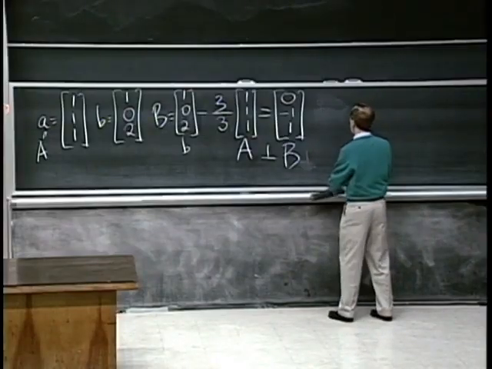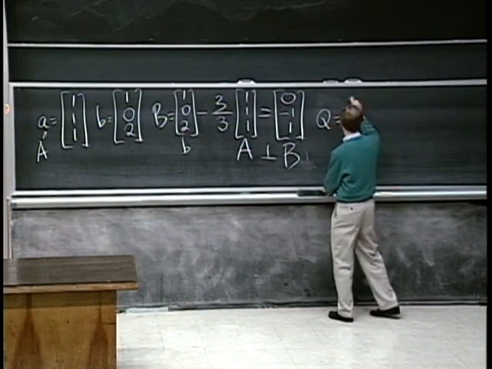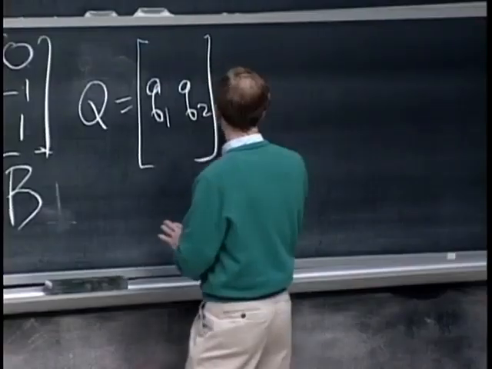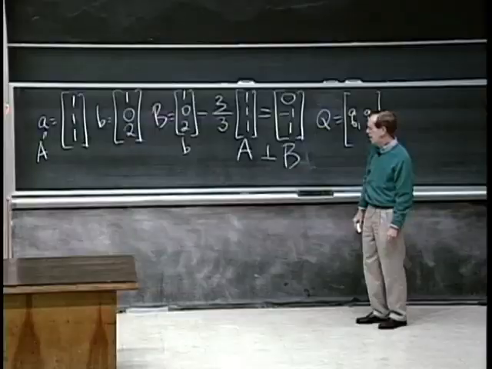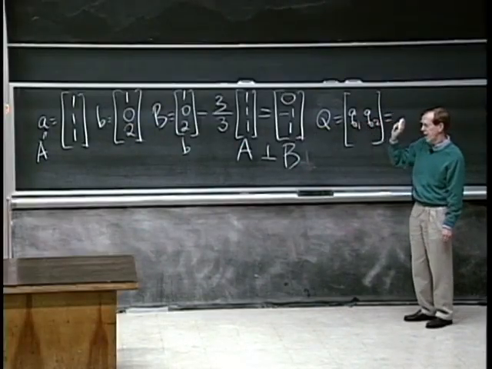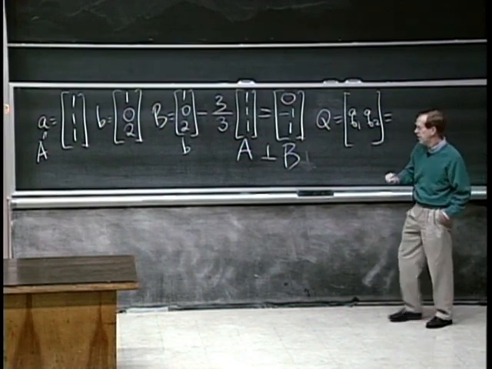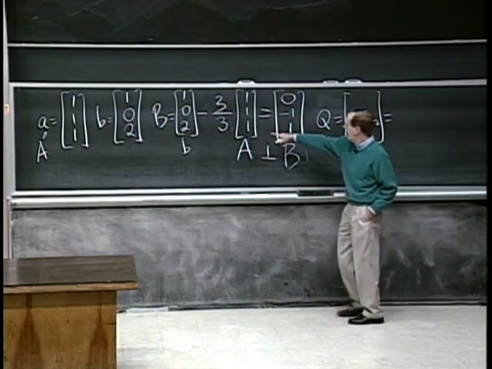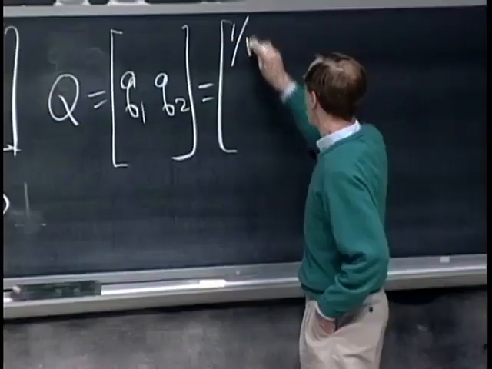Why don't I put them in a matrix? Of course, since I'm always putting these. So I'll put the Q1 and the Q2 in a matrix. And what are they? Now, when I'm writing Q's, I'm supposed to make things normalized. I'm supposed to make things unit vectors. So I'm going to take that A, but I'm going to divide it by square root of 3.